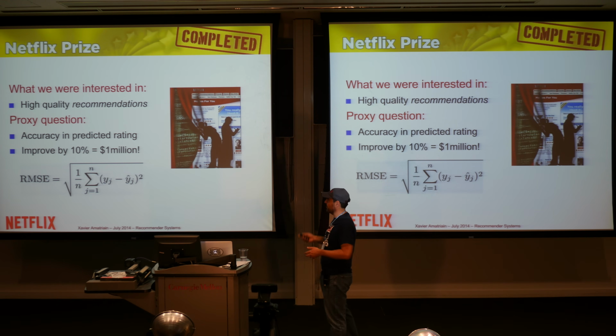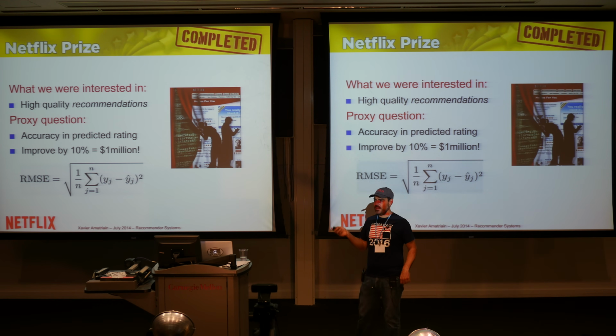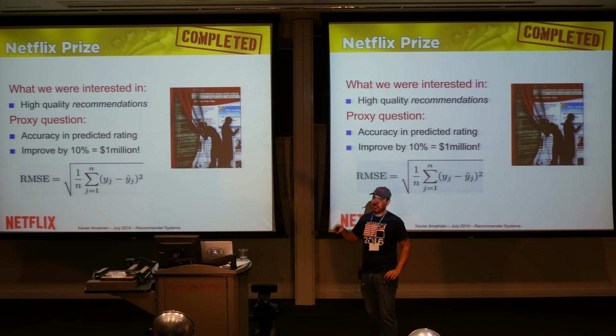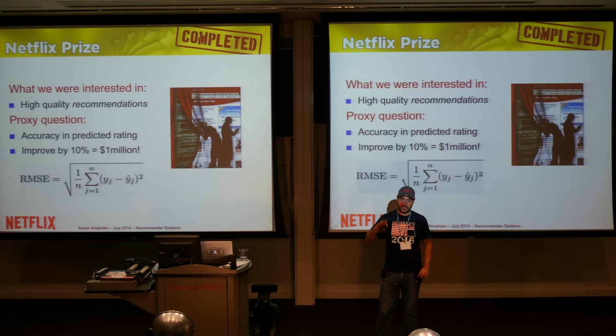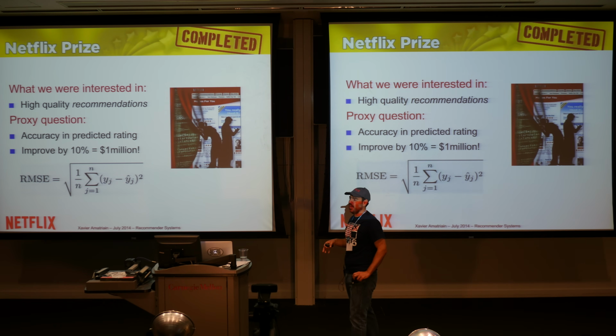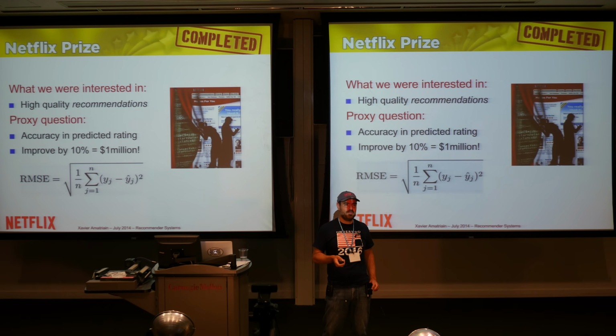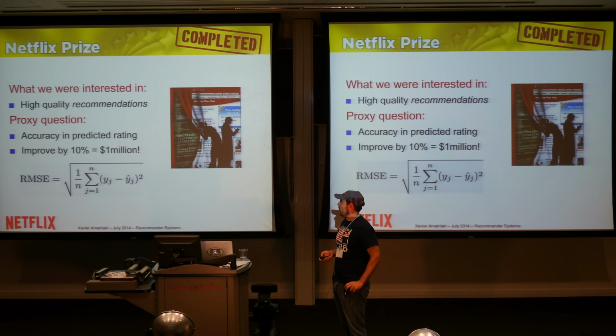I already explained about the Netflix Prize, and the reason I'm bringing it up here with model-based collaborative filtering is that the Netflix Prize was a purely collaborative filtering setting, and we learned a lot during those 3 years about what model-based collaborative filtering could do.